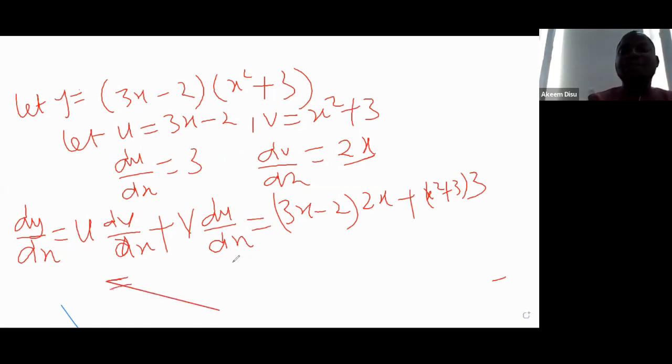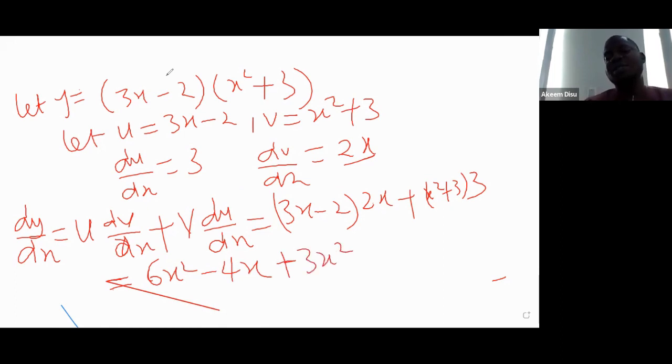If we now multiply out, 2x times 3x gives 6x squared. 2x times minus 2 will give you minus 4x. Then 3 times 2x squared will give you 6x squared. 3 times 3 is 9.